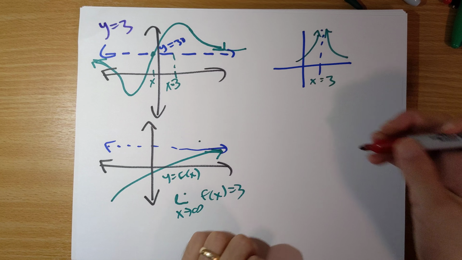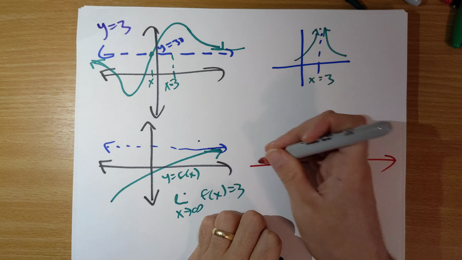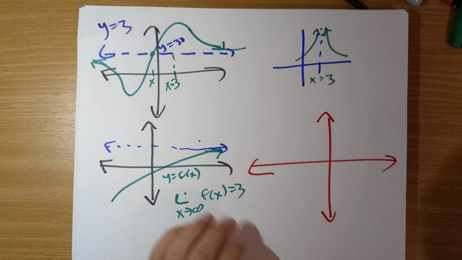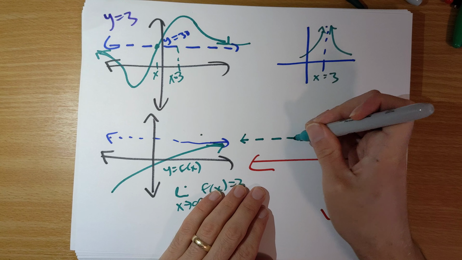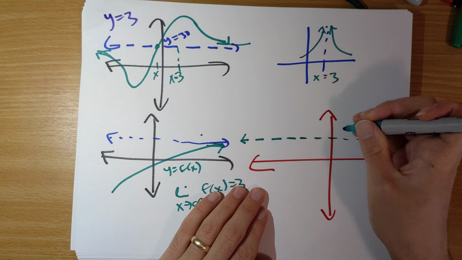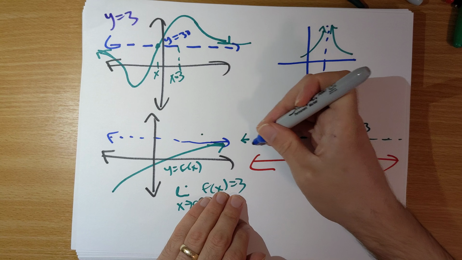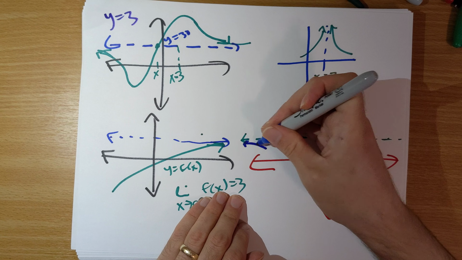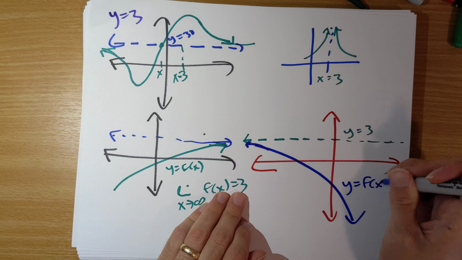And so let me draw one more example, one more picture. The picture is going to look like this. So here's our asymptote, y equals 3, and our function is going to look like this.